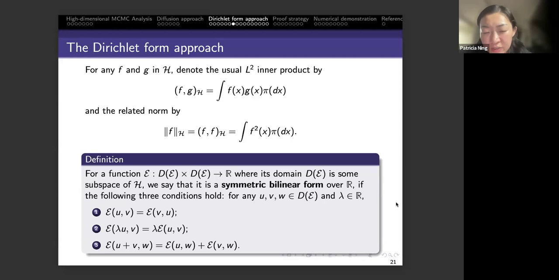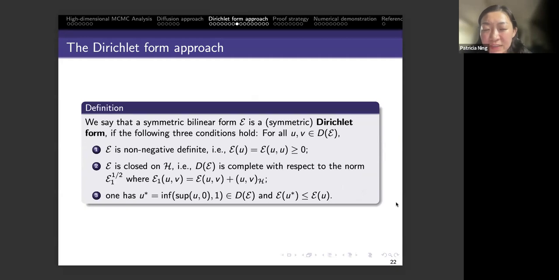We can exchange the position of the arguments. Next, this is a multiplicative property: E(λu, v), where λ is a constant, is equal to λE(u,v). The third one is the additive property: E(u+v, w) is equal to E(u,w) plus E(v,w).